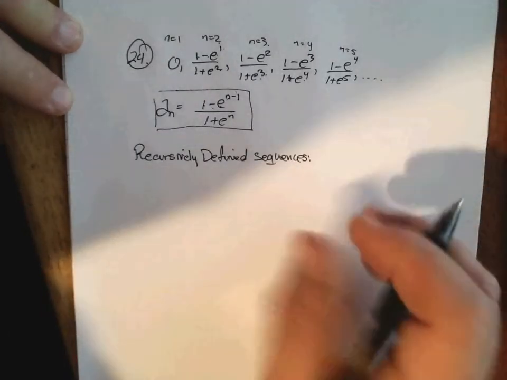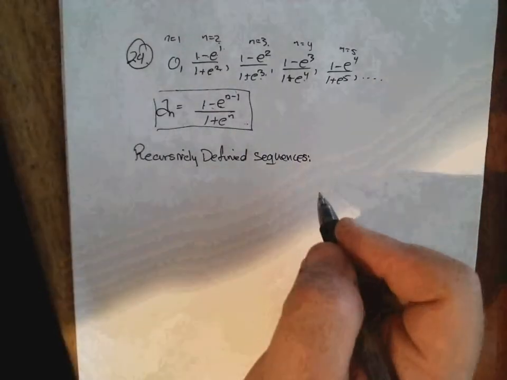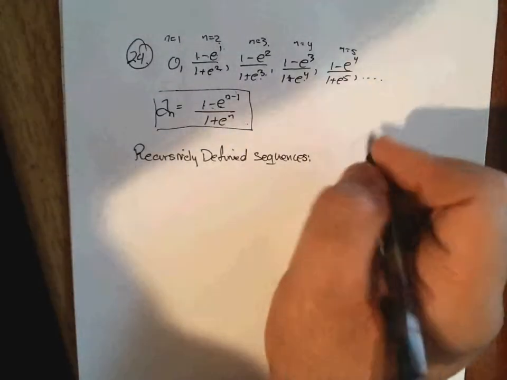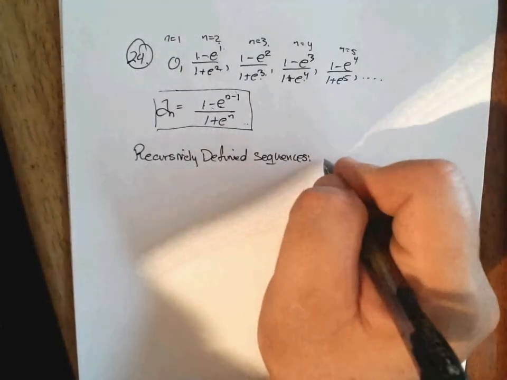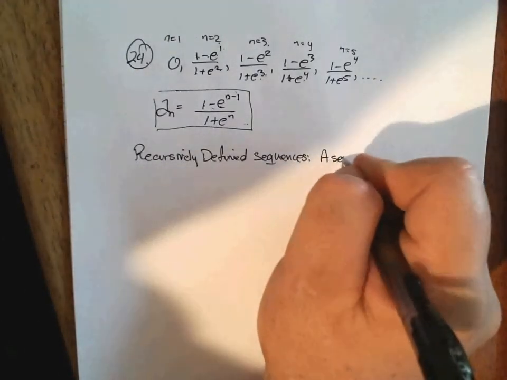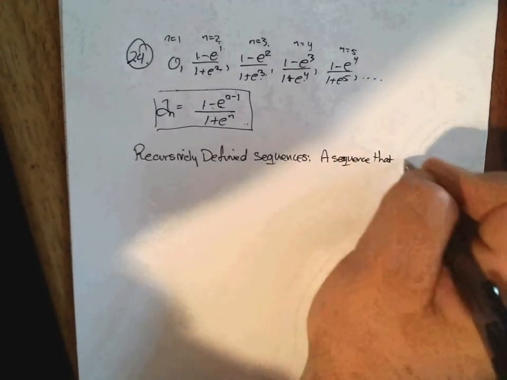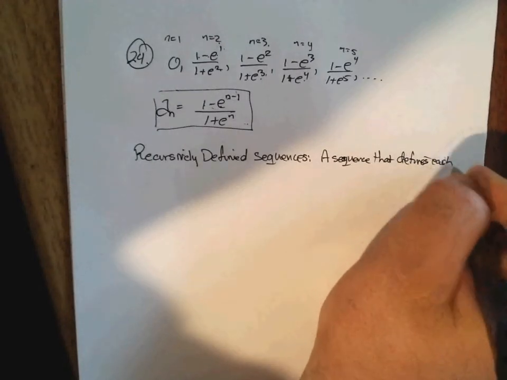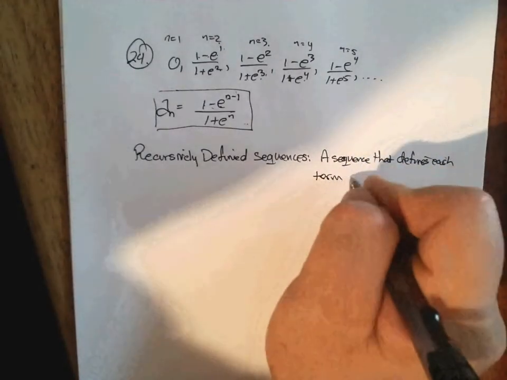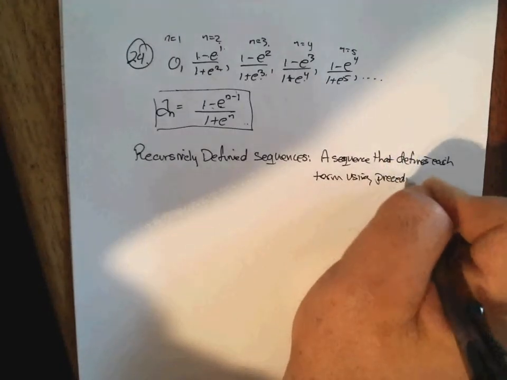But once you've got that understood, you want to be able to come up with this functional form afterward. Okay? So for now, let's just define the recursively defined sequence. A recursively defined sequence is a sequence that defines each term using preceding terms.